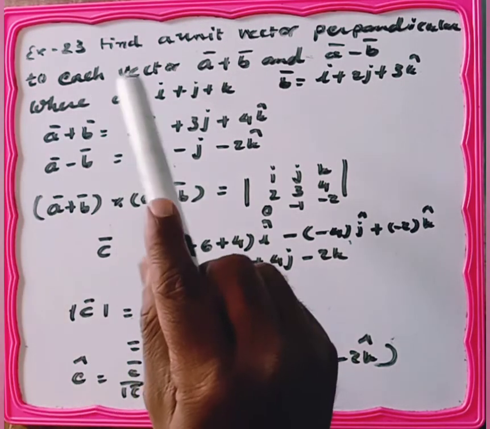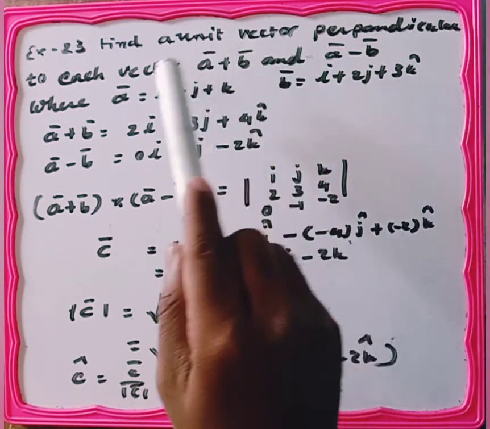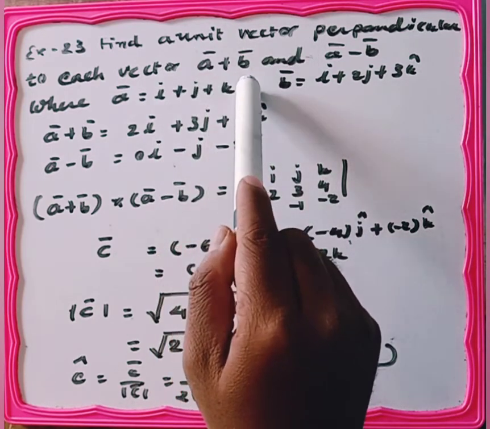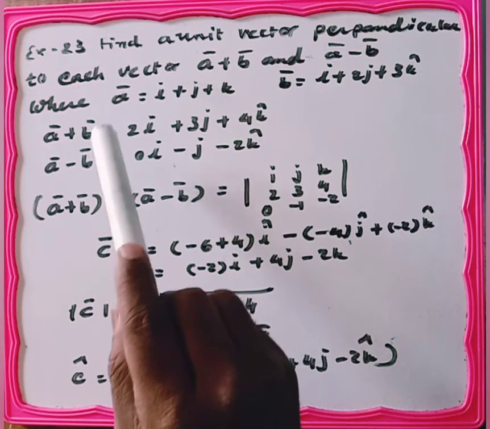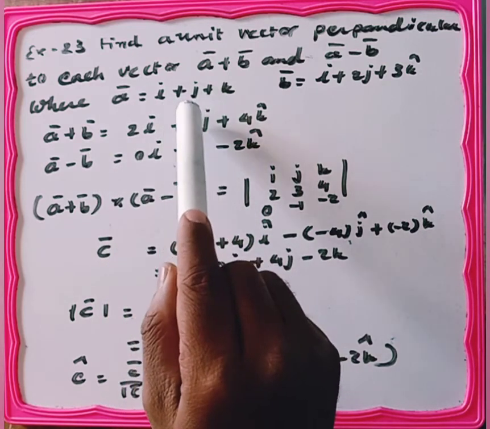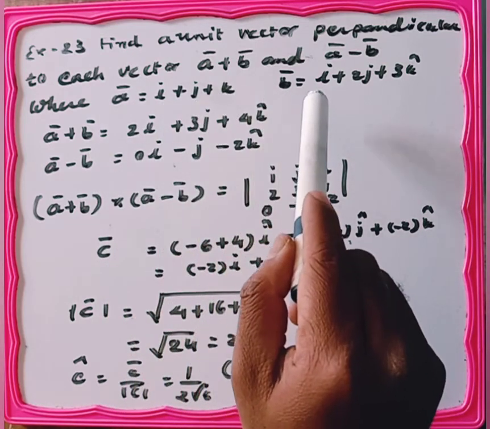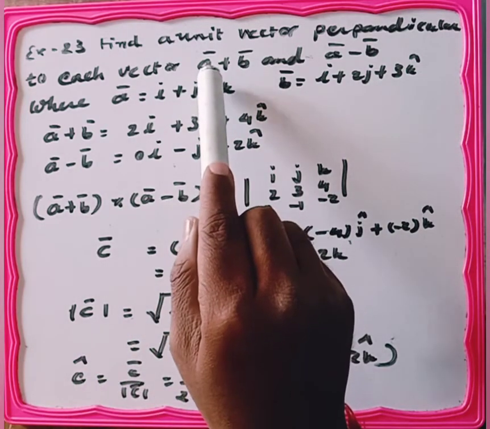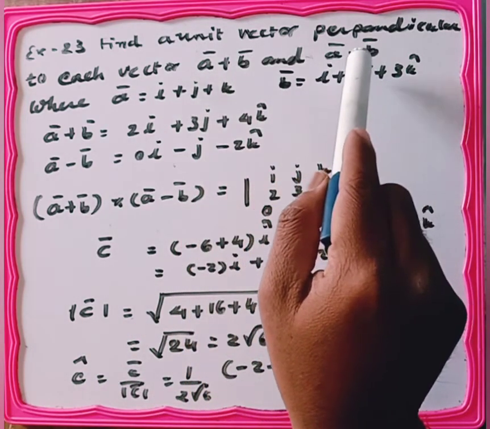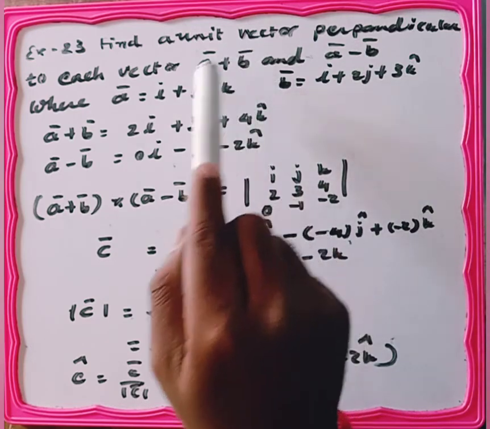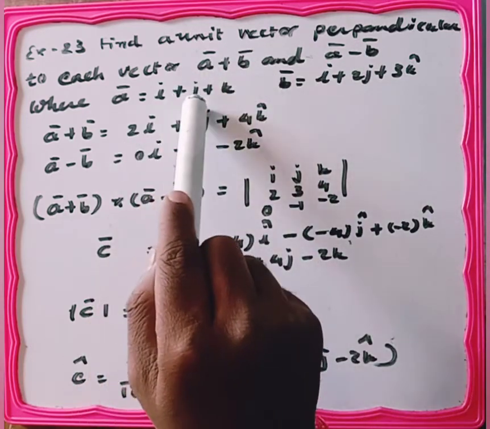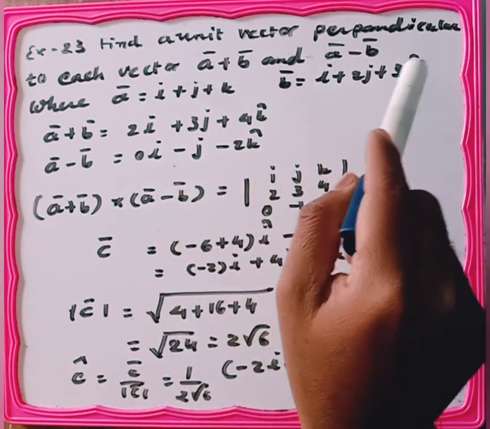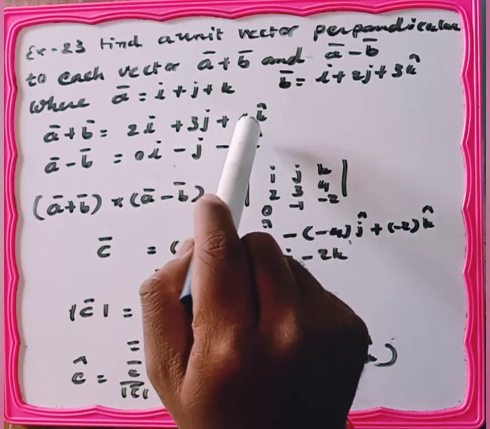Now one more example. Find a unit vector perpendicular to a bar plus b bar and a bar minus b bar, where a bar is i plus j plus k and b bar is i plus 2j plus 3k. So first we need to calculate a bar plus b bar and a bar minus b bar. So a bar plus b bar: 1 plus 1 is 2, 1 plus 2 is 3, 1 plus 3 is 4, so 2i plus 3j plus 4k.